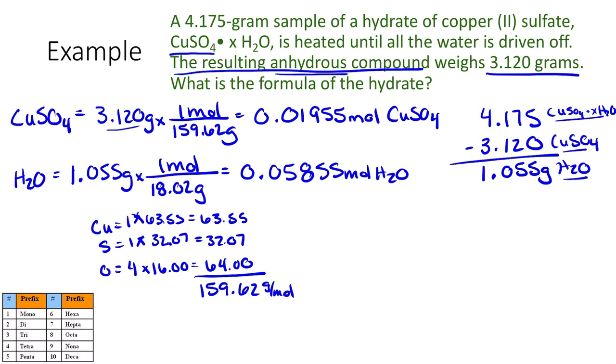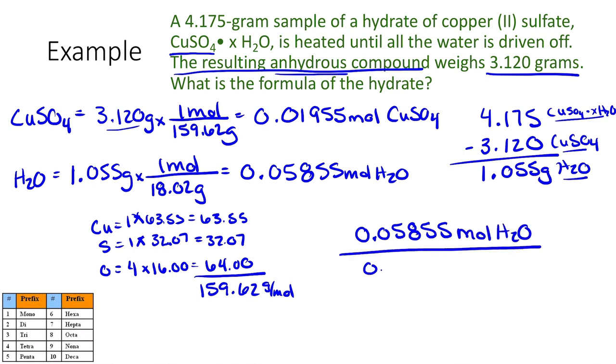And remember, in this next step, I want to determine how many water molecules there are for every unit of copper sulfate. And so I'm going to put water on top, and I'm going to divide that by the moles of the copper sulfate. So 0.05855 moles of H2O divided by 0.01955 moles of copper sulfate.